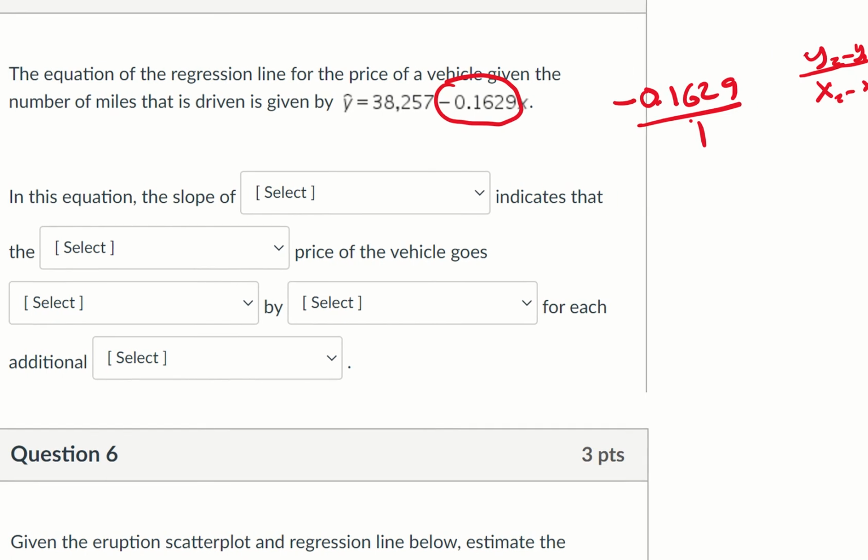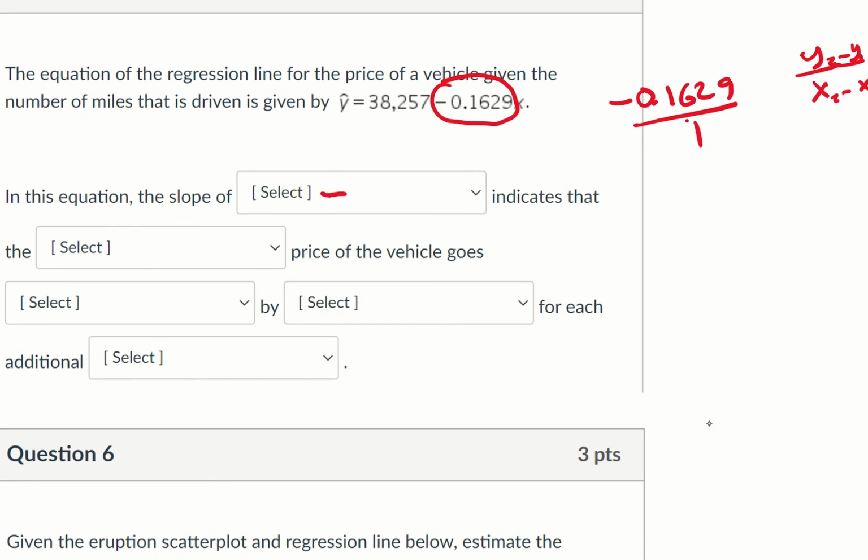okay? So basically, in this equation, the slope of negative 0.1629 indicates that the predicted price of the vehicle goes down because that's a negative. So it goes down by 0.1629.